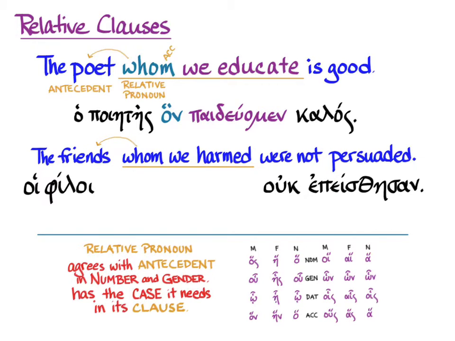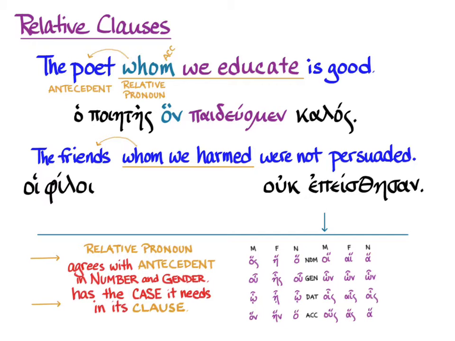Then, when we follow the first rule, because the friends are the antecedent, we know that our relative pronoun is going to have to be masculine and plural. The second rule makes us look at the case that relative pronoun needs to be in its clause.